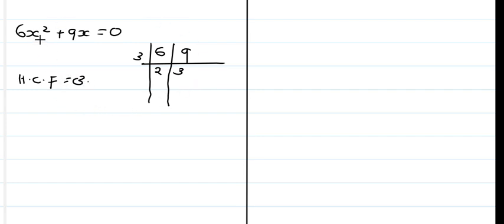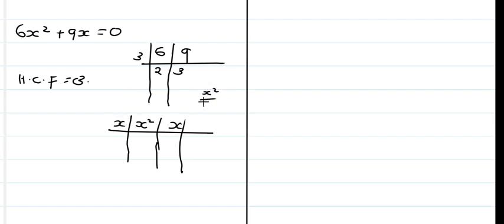Then the next step is to find the HCF of the variables, where we have x squared and x. I repeat the same process. I can divide both by x, because if I take x squared divided by x, it remains x, since x squared is just x multiplied by x.